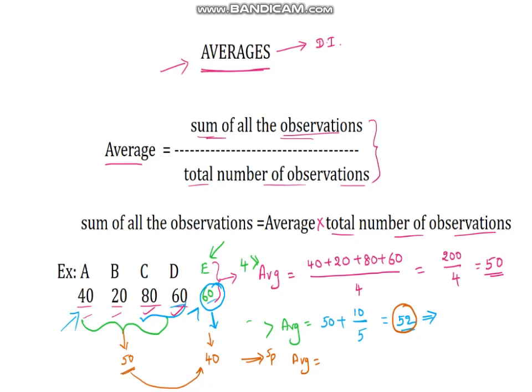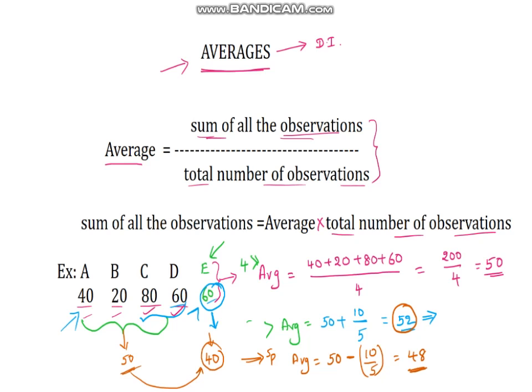So that 10 is distributed among 5 people and that is subtracted from the 50. See here, 50 minus, the difference between the 4 people's average and the fifth person's weight is 10. This 10 is distributed among 5, then we get 48. The average of 5 people is 48 kgs.